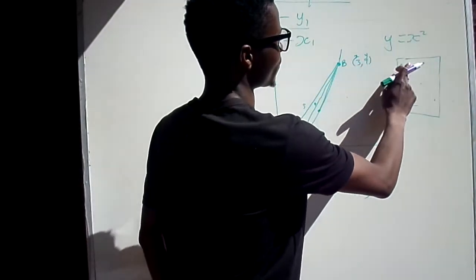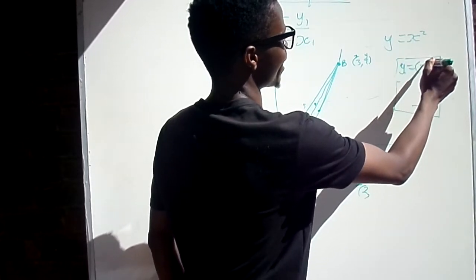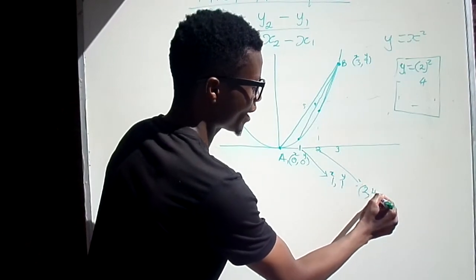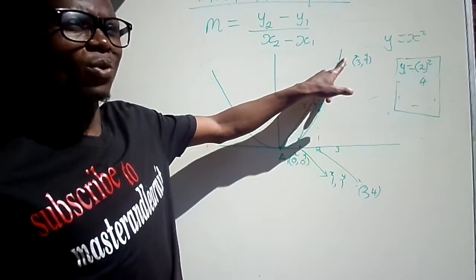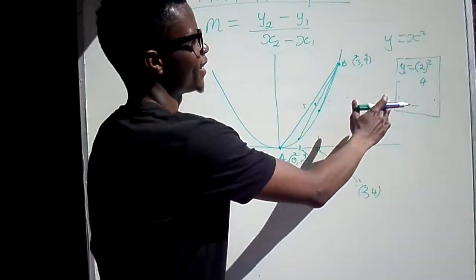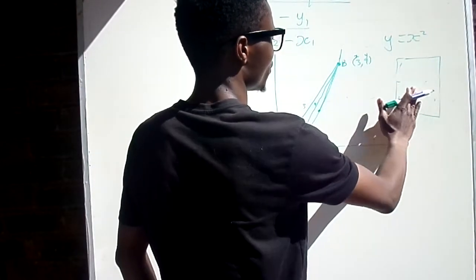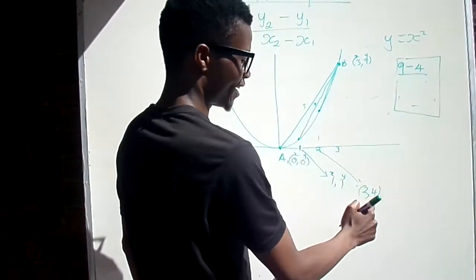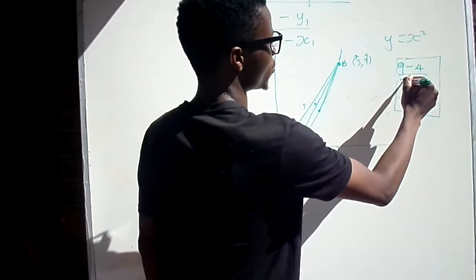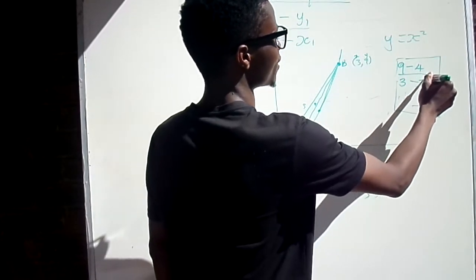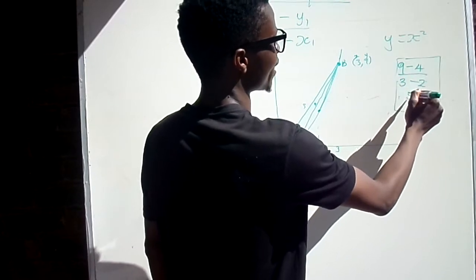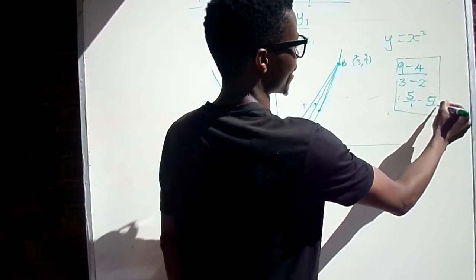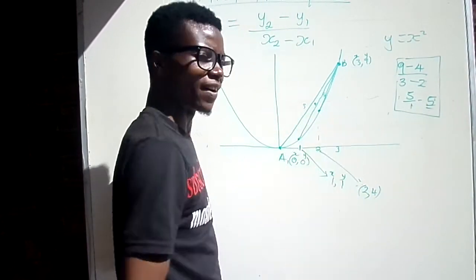So y is equal to 2 squared, which is 4. That means when x is 2, y is 4. Now we have these two coordinates. We can calculate the gradient: y2, that's 9, minus y1 being 4, over x2, which is 3, minus x1, which is 2. So 9 minus 4, that's 5, over 3 minus 2, which is 1. 5 divided by 1 is 5. So now we're having a gradient of 5.